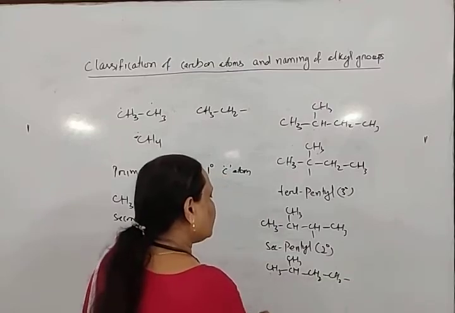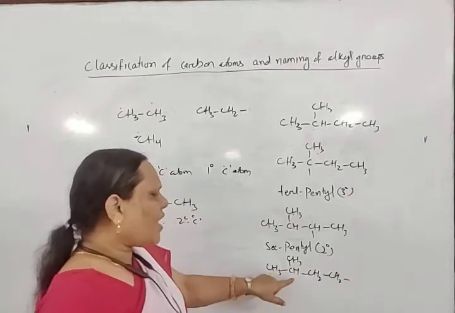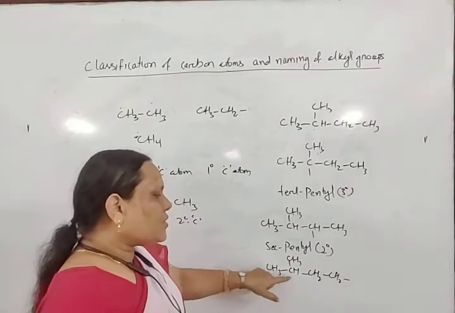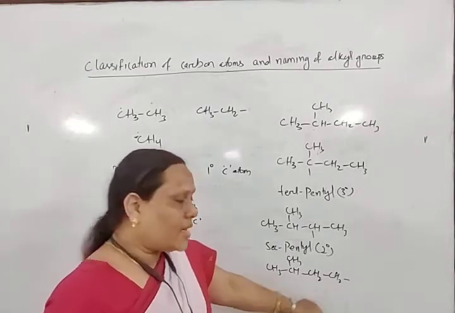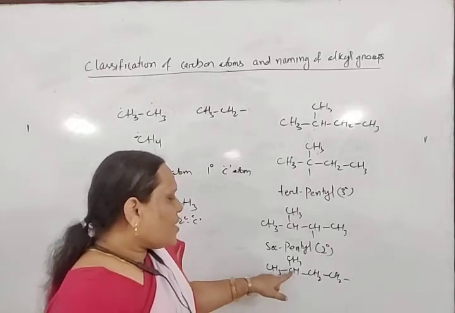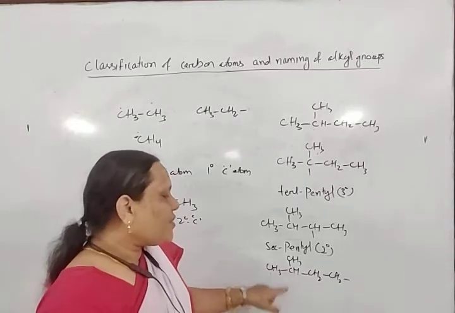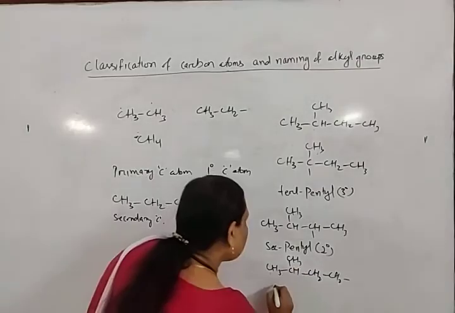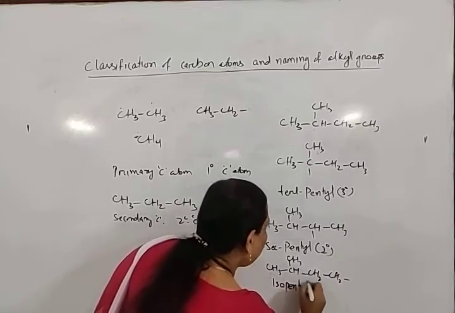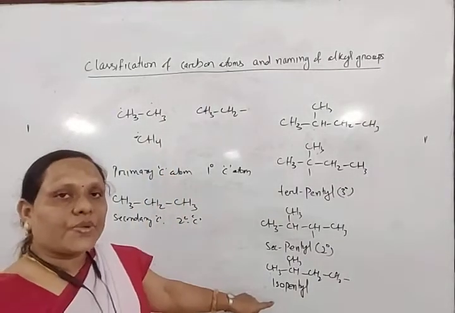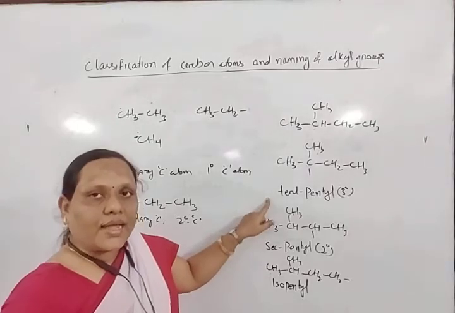So this is a primary group, and the name of this group is after the last carbon. So this is a primary alkyl group, but as the 2 alkyl groups are at the last position, this group is known as isopentyl group. So this is isopentyl, this is secondary pentyl, this is tert-pentyl group.